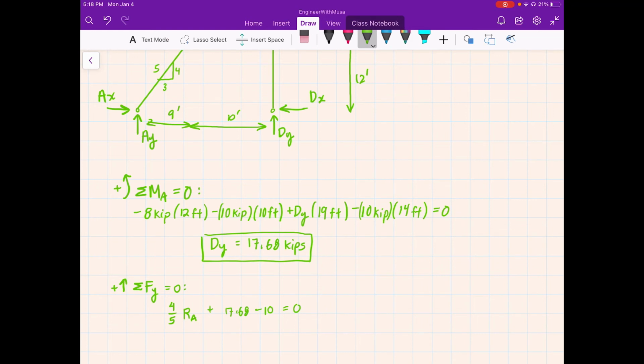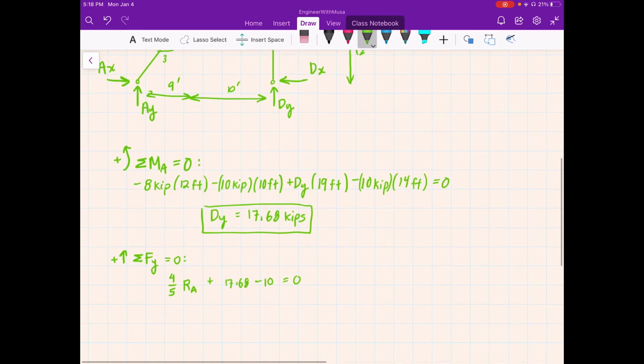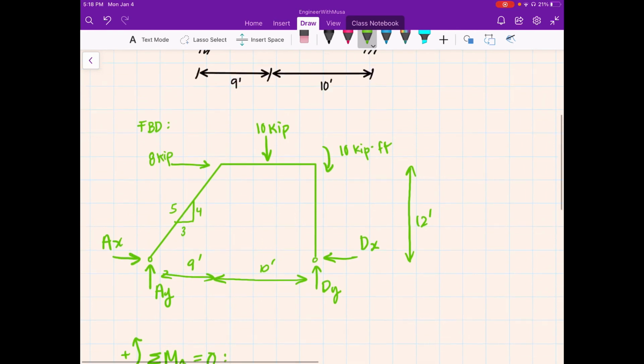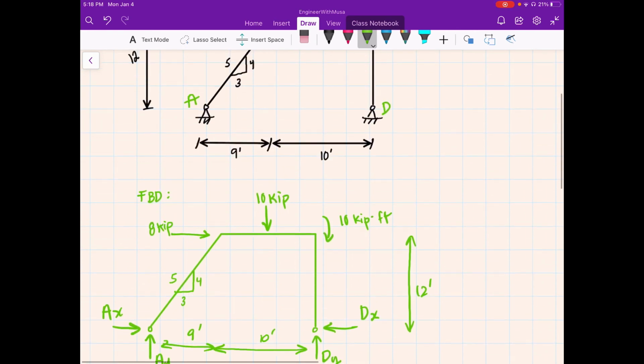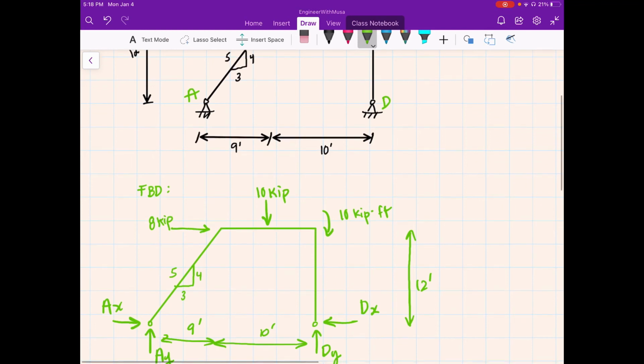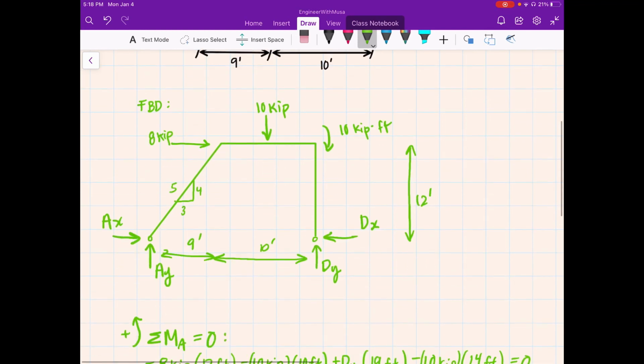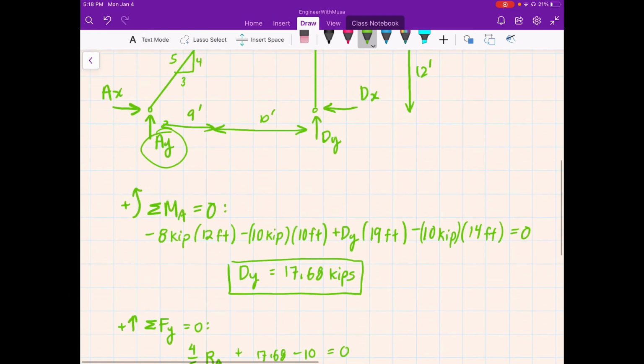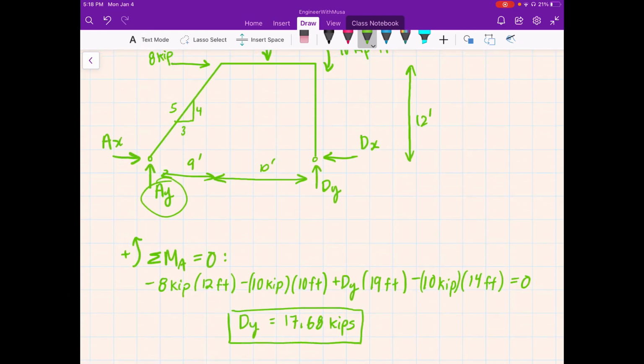So this 4/5 over here came from, actually this reaction over here. So the vertical component of this reaction is 4/5.